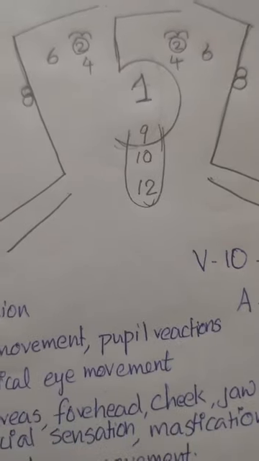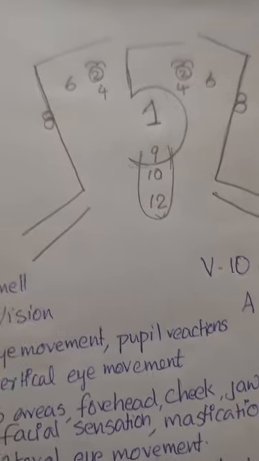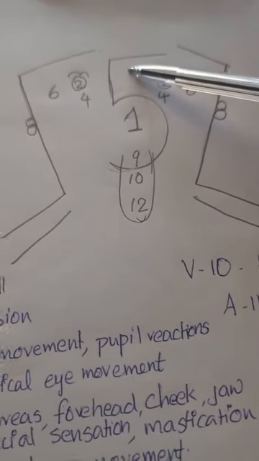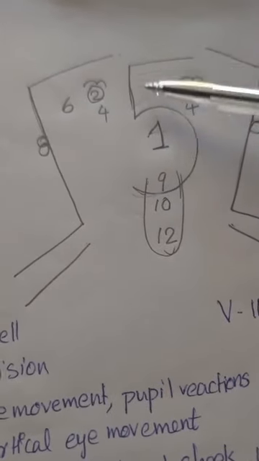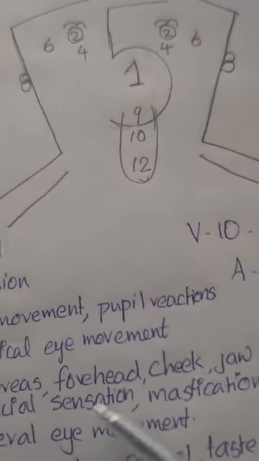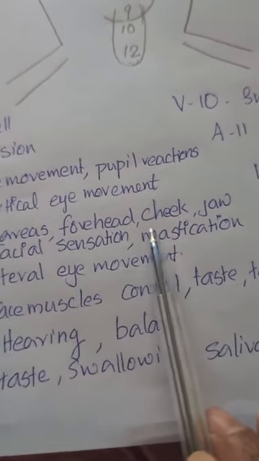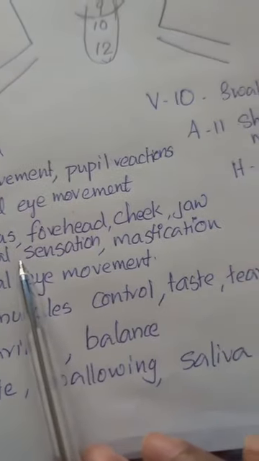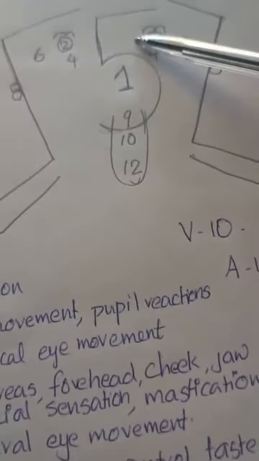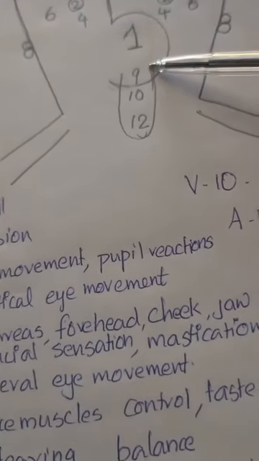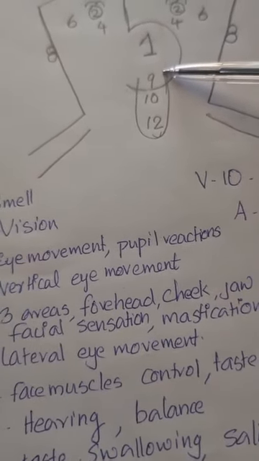Tri means 3, so it covers 3 areas of the face: forehead, cheek and jaw. And the functions are facial sensation and mastication or chewing.